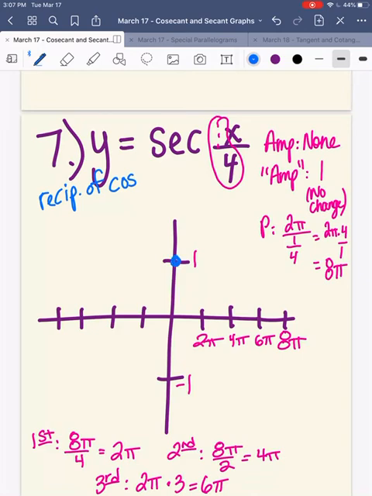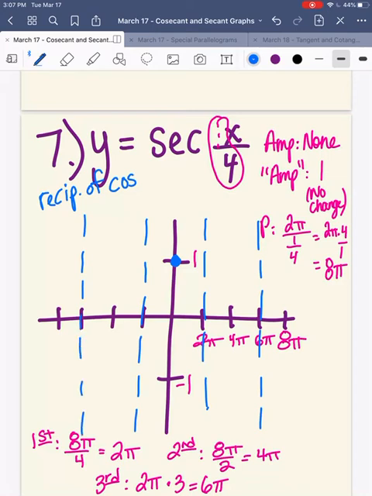We don't have a reflection here, so we can still start up at the amplitude. And then I'm going to put in my asymptotes, every other one. And then I'm going to remember what cosine does. So it starts up and then it goes down on both sides. And then it has to go back up.